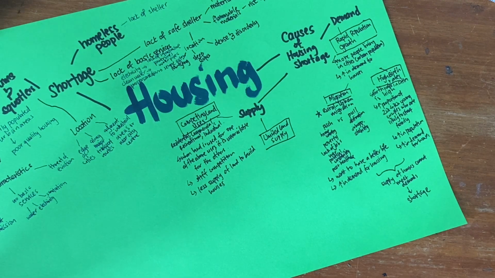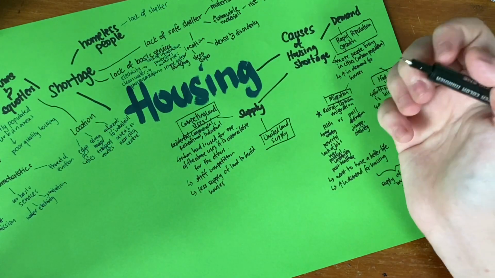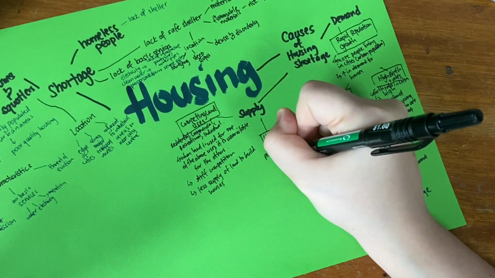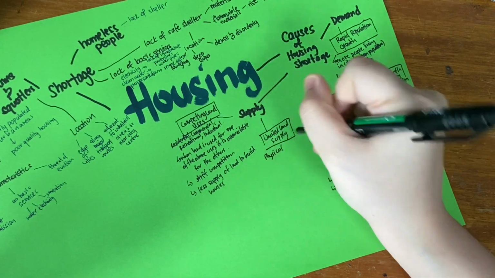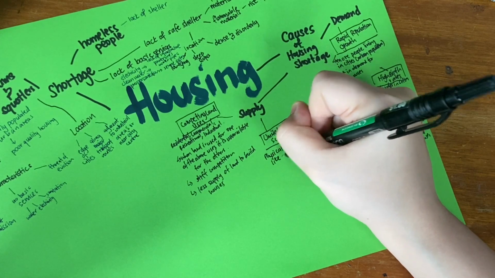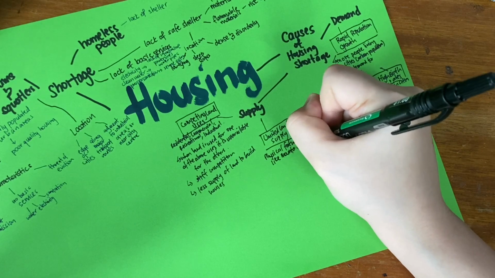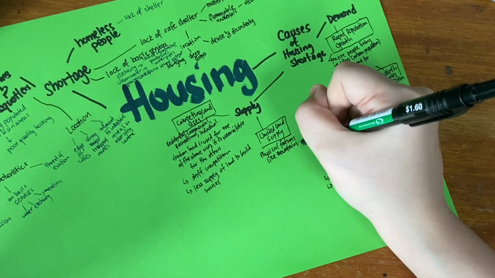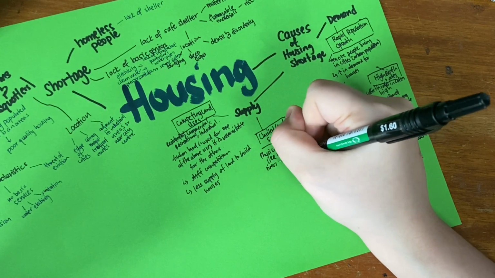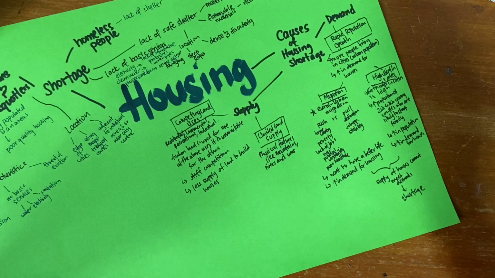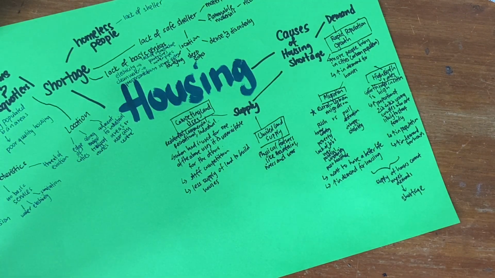So when there's limited land supply, usually it is due to things like physical features, like mountains and rivers and seas. Okay, so people don't really want to build their house next to all these places.